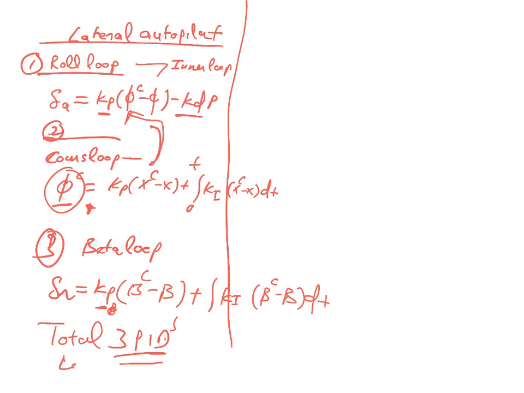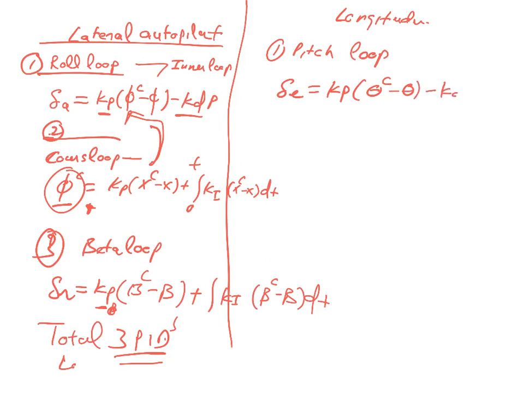For longitudinal, the main one is the pitch loop, which gives you the delta elevator output, and the input is Kp times (theta commanded minus theta) minus Kd times q, which is theta dot. So that's the first loop.